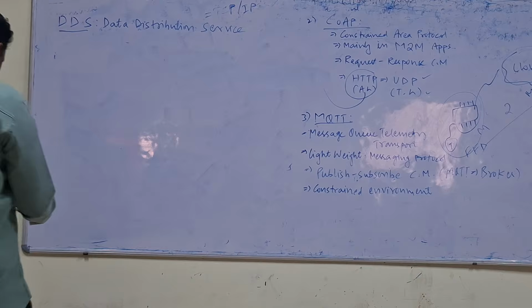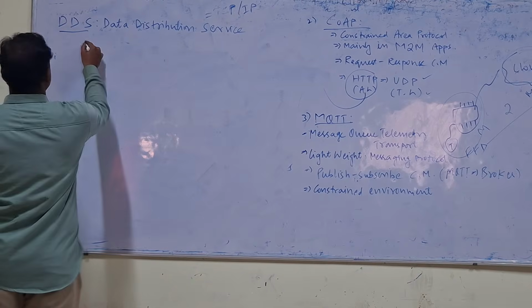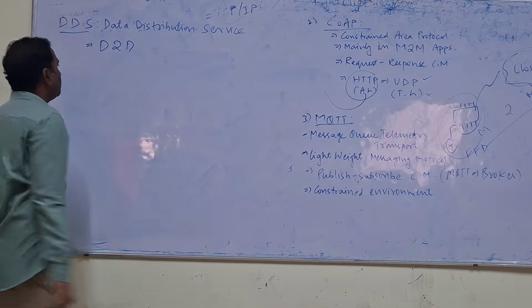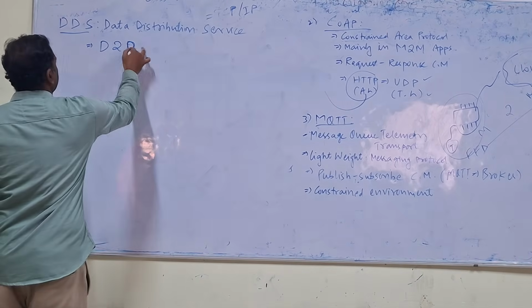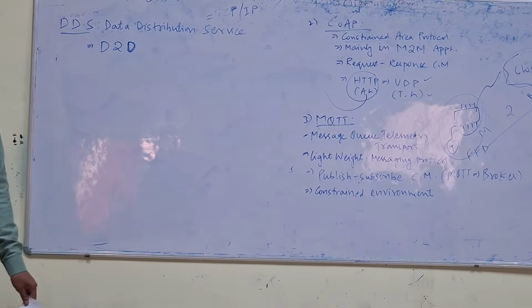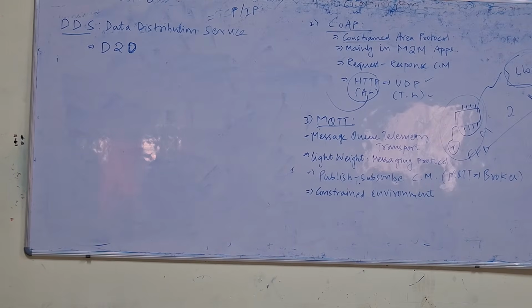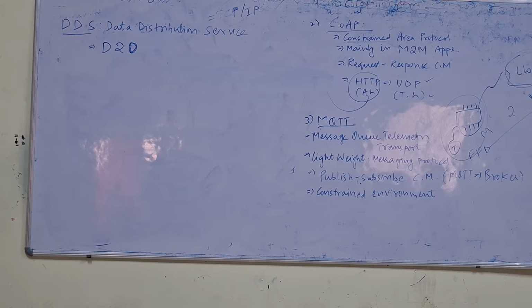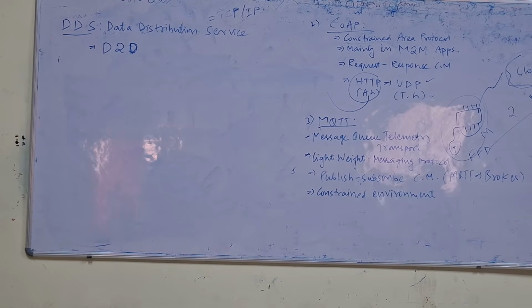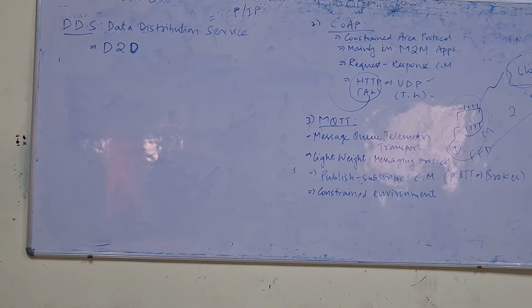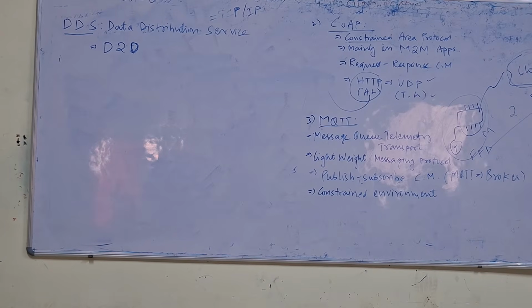Right, data distribution service. I will use the word D2D. Can you guess it? Yes, madam, what is your name? Navya. D2D means? Device to device, very good.